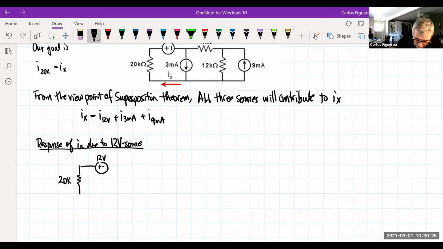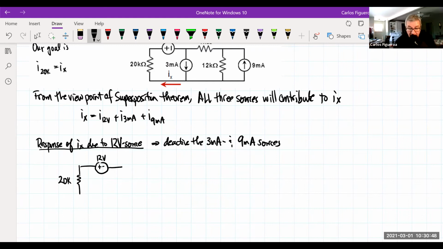So this implies that I must deactivate the 3 milliamp and the 9 milliamp sources so that I only see the effect of the 12-volt source.